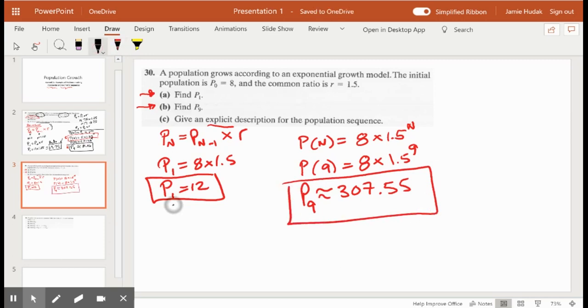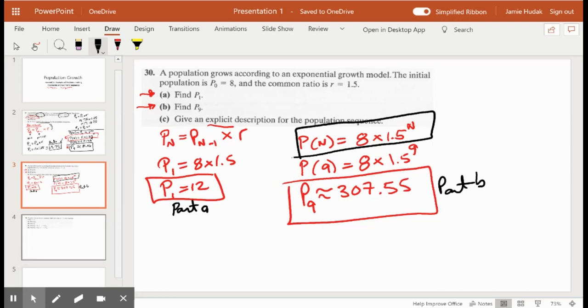And we can say this is the answer to part A. P1 is 12. The answer to part B, P sub 9, is approximately 307.55. And the answer to part C, give the explicit description of the population sequence, is P as a function of n equals 8 times 1.5 to the nth power.